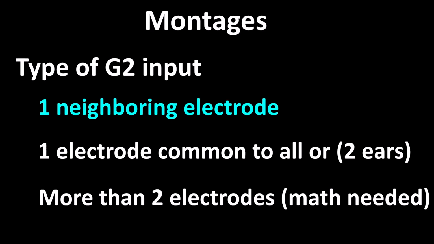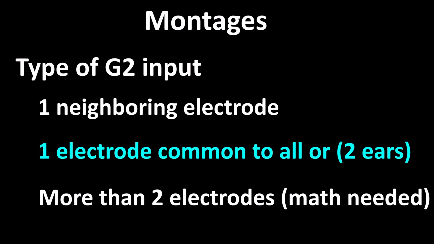The first group consists of those montages with a single electrode connected to input 2 of each differential amplifier and the same electrode being connected to input 1 of the neighboring differential amplifier. A well-known example of this type of montage is bipolar longitudinal montage.